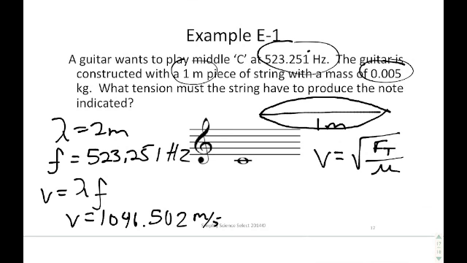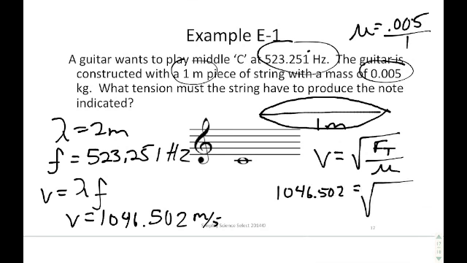So that tells me that my linear density would be 0.005, because 0.005 divided by 1 is 0.005. Now I have 1046.502 equals the square root of Ft divided by 0.005. That gives me all the information I need to solve for the tension.